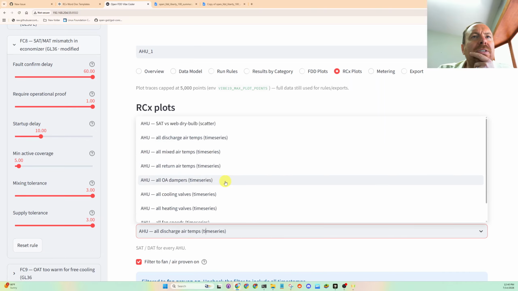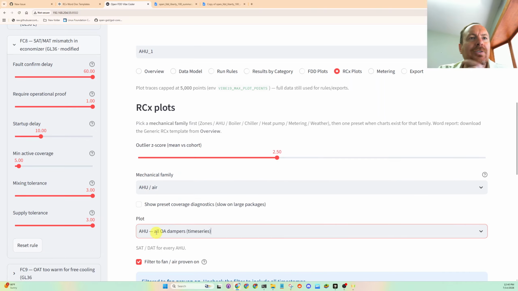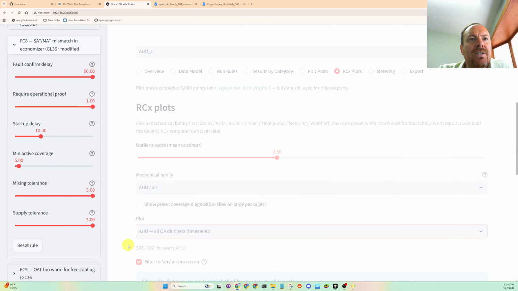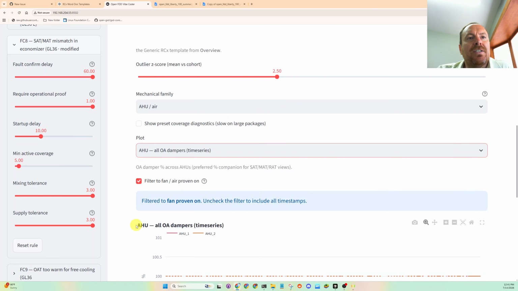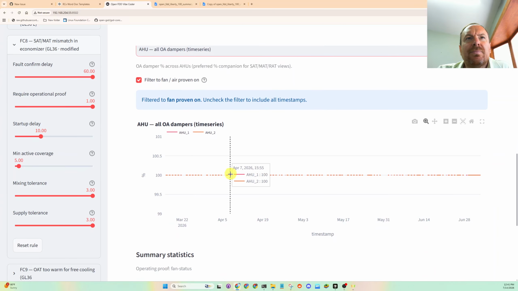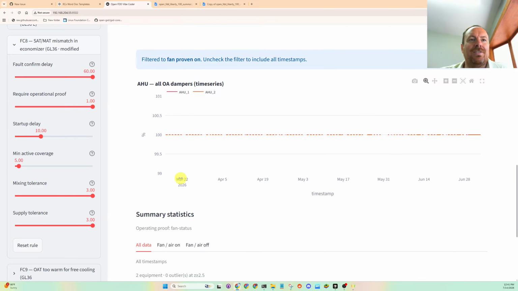Okay, so let's look at all outside air dampers. This should be both air handling unit outside air dampers, filtered from when the fan is on, and they both just sit at 100%. So yeah, there's just something very unusual about that. It's just odd.